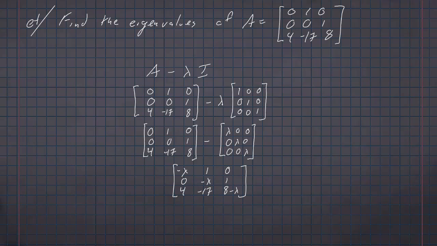And working through that arithmetic, we get the matrix negative lambda, 1, 0, 0, negative lambda, 1, 4, negative 17, 8 minus lambda.